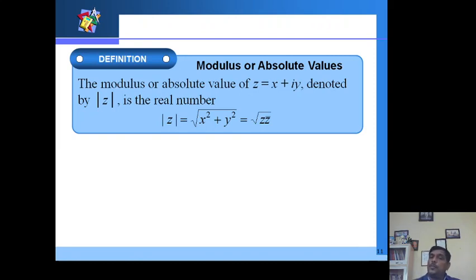Now we will discuss the modulus or absolute value of a complex number. Suppose any number is in the form z equal to x plus iy, then its modulus, mod z, is also a real number. It is the root of z into z bar, that is the square root of x square plus y square. This is the modulus of a complex number.